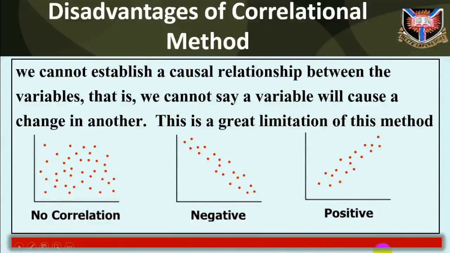Experimental method. This technique is the one that best enables us to establish a cause and effect relationship, where we can actually determine whether a variable can cause a change in another variable and sometimes by how much.